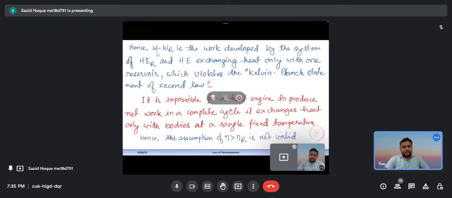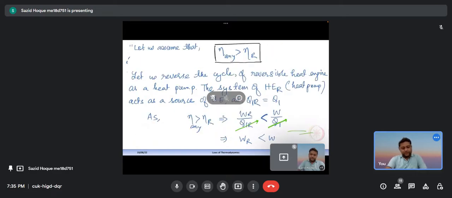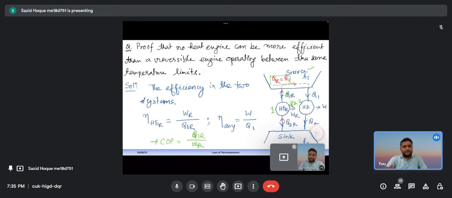Now the work done in the reversible heat engine is less compared to the work done in any heat engine. If you take the difference, this is the work developed by the system, where the system is working with only a single source, like a single thermal reservoir. We are not talking about the sink here.